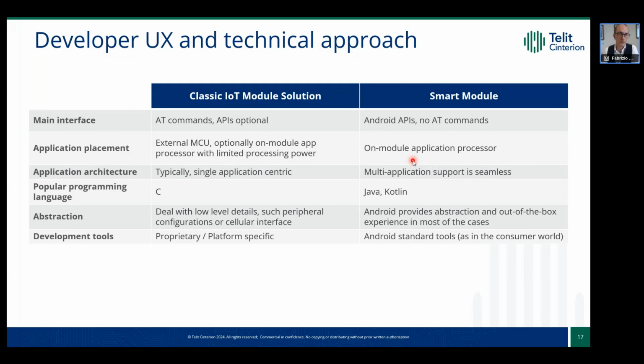You don't have to deal with an external CPU. If you need support for multi-application, in a smart module it's seamless because it's already supported by the operating system. This is not true typically in a simple module approach. Also, from a language point of view, we use Java or Kotlin, which are high-level programming languages, and it's much easier to develop applications leveraging them.